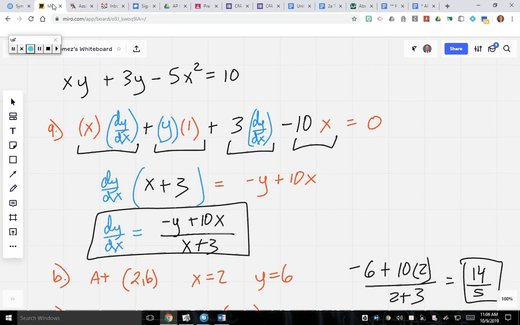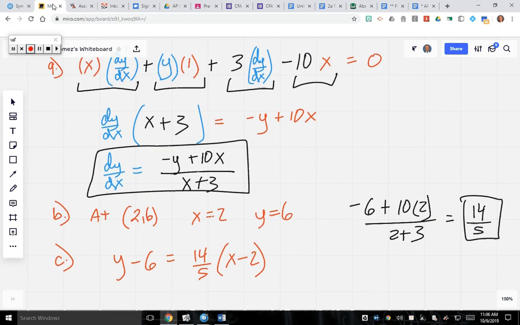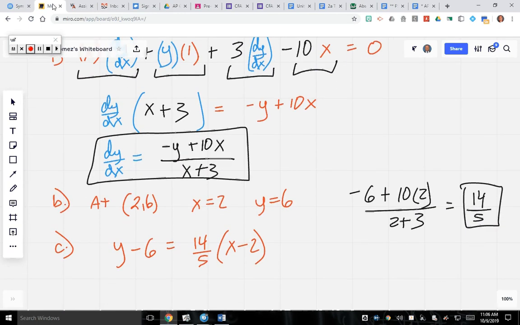Subtracting the y, adding the 10x, GCF adding the dy dx, and dividing by x plus 3. So if you got the first one, give yourself 10 points. The second one would be 14/5. And the last one would be y minus 6 is equal to 14/5 times x minus 2. Okay?